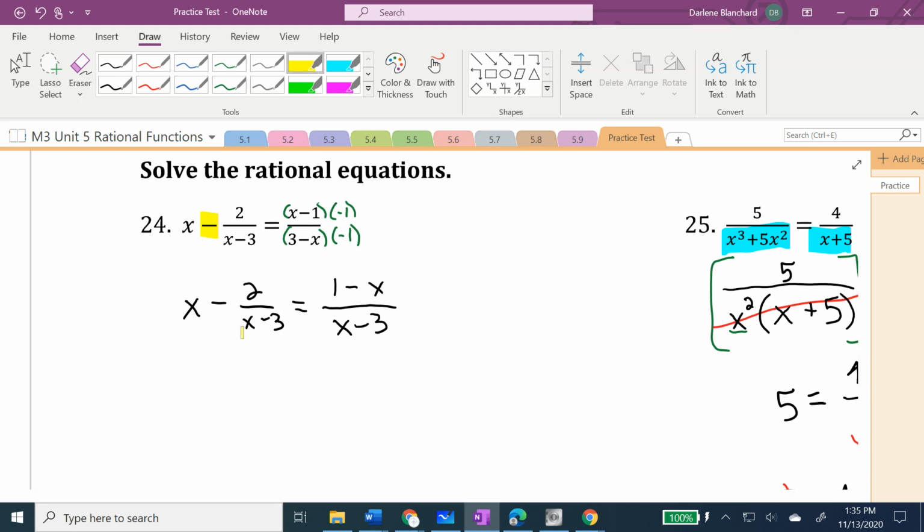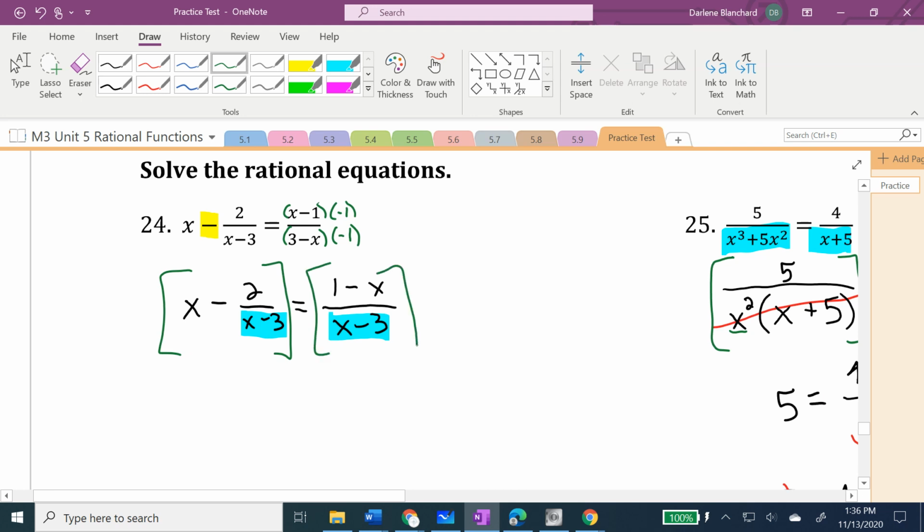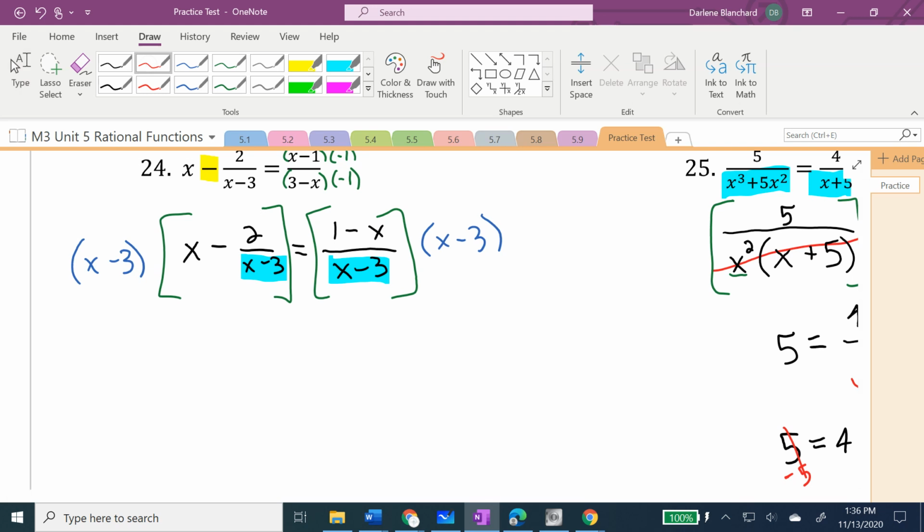And now I see that these are identical denominators. I don't have to multiply by both x minus 3 and 3 minus x. I can save myself that grief. So I've got two sides of an equation, and I need to multiply both sides by x minus 3. I have to distribute the multiplication over that subtraction.